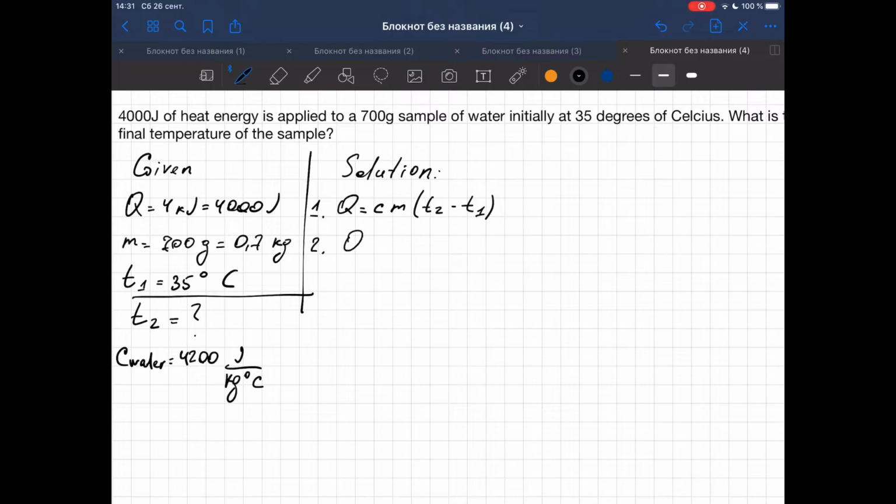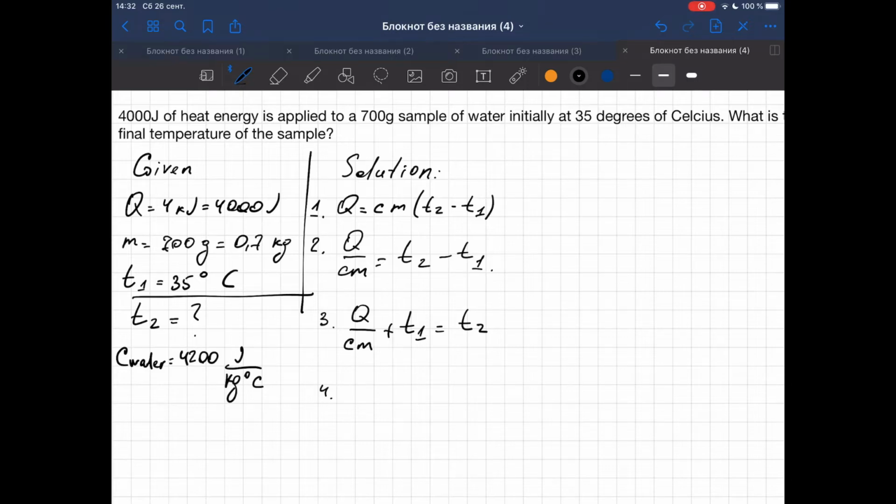The second step is Q divided by Cm, and equals the second temperature minus first temperature. The third step will be Q divided by Cm plus first temperature, which is equal the second temperature.